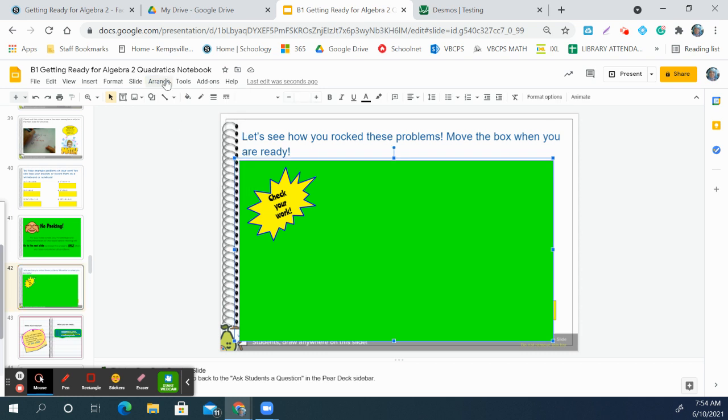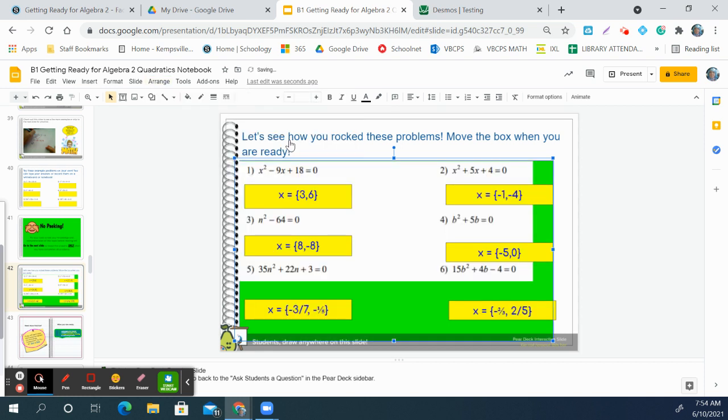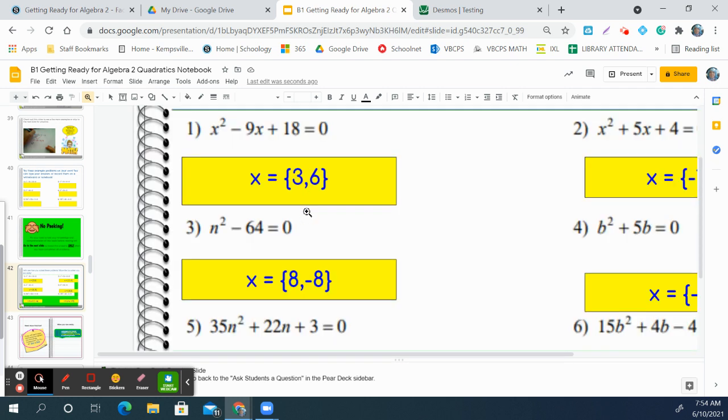Is there one that's not simplified? So let me say it one more time. Because these are not parentheses, this is not an ordered pair. This means 3 and 6.